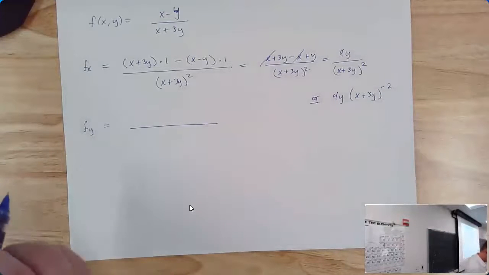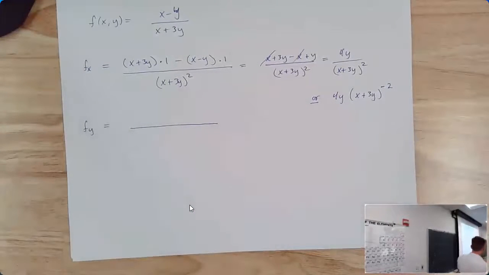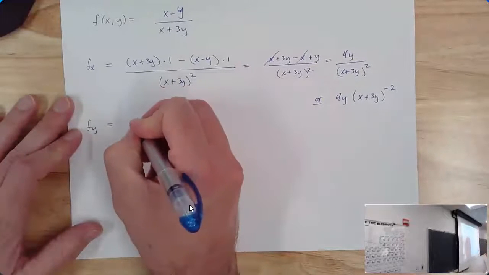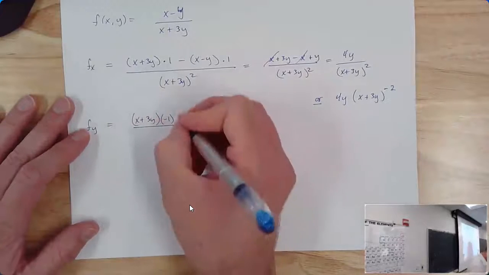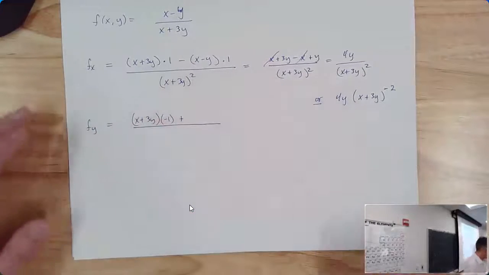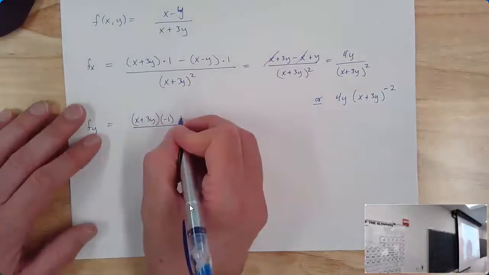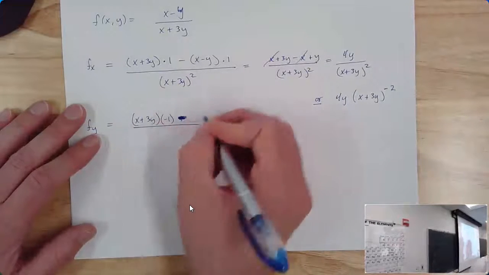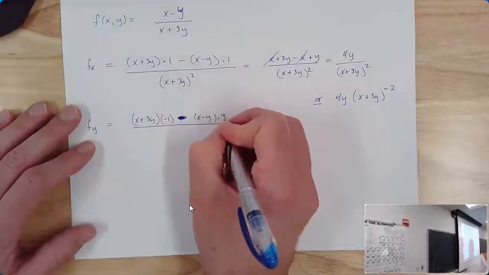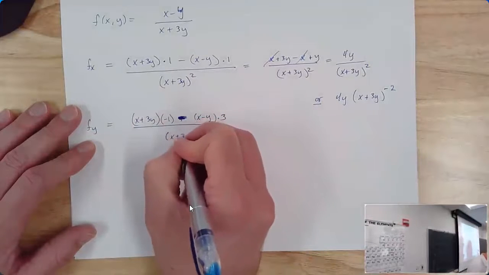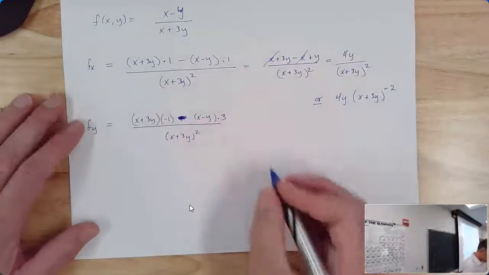All right. So same calculation, quotient rule again. It's the bottom times the derivative of the top, which is now negative 1, minus the top times the derivative of the bottom, which is 3, all over the denominator squared once again. Simplifying this, let's see what we've got.